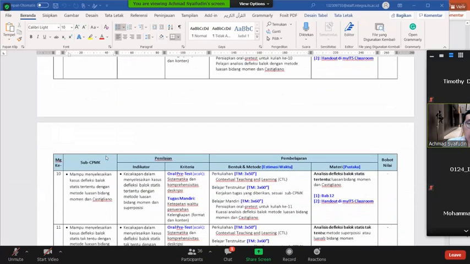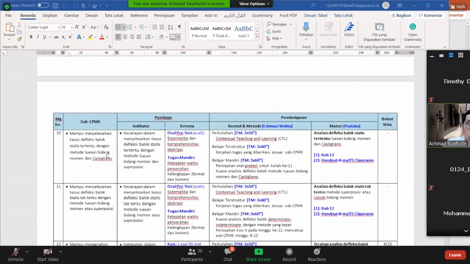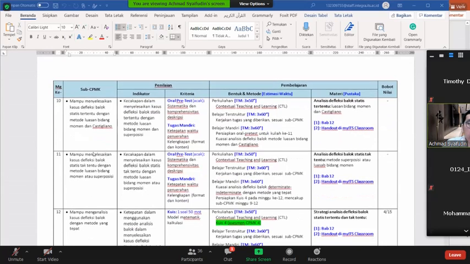Then week 10 is double integration and the moment area method for determinate problems, and week 11 is Castigliano. I will not discuss superposition or discontinuity because the time is very limited. You can learn by yourself.